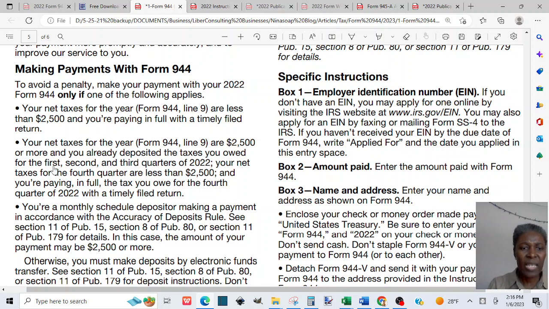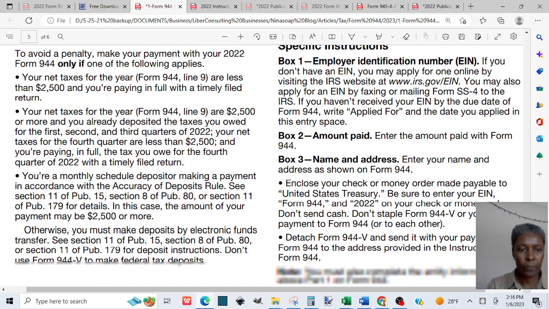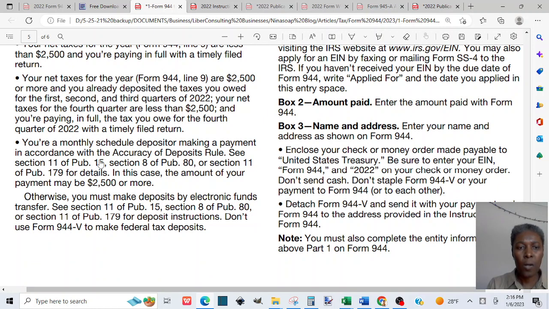So that's that. But if you are a monthly scheduled depositor making a payment in accordance with the accuracy of deposit, whatever that is, and in this case, the amount of your payment may be 2,500 or more.